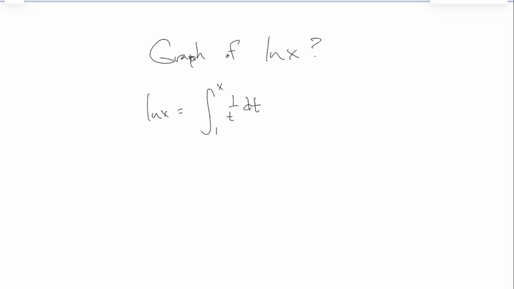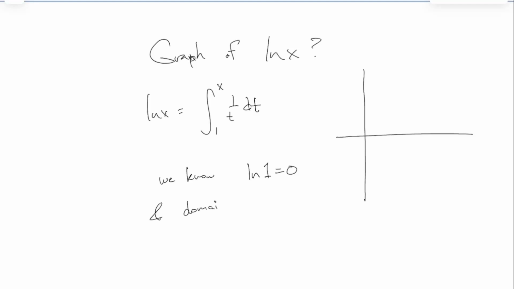So we've already discussed, we know this is really the only specific value that we know. The natural log of 1 is 0, so okay. That means if I were to draw this graph, actually we know a little bit more than that, and the domain is the open interval from 0 to infinity, right?